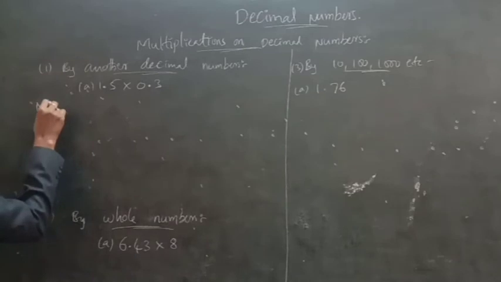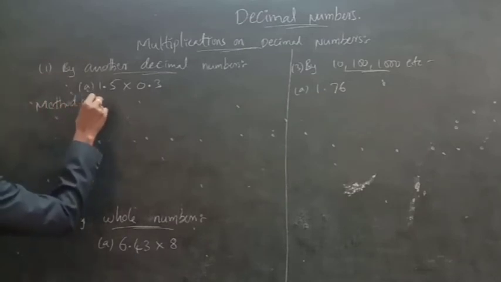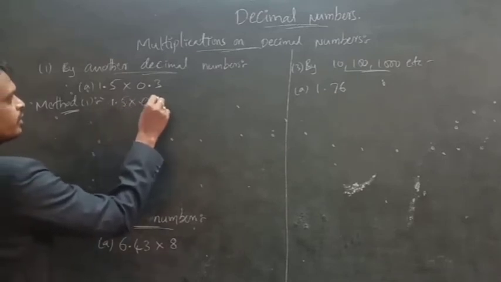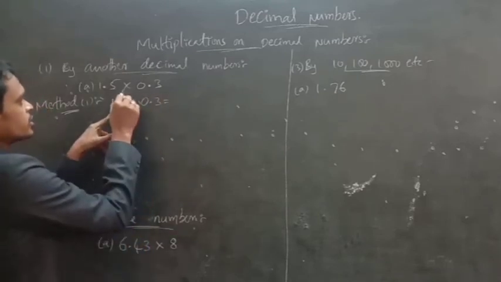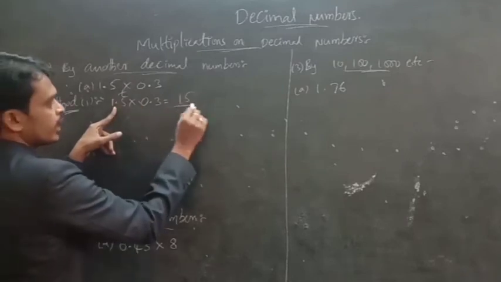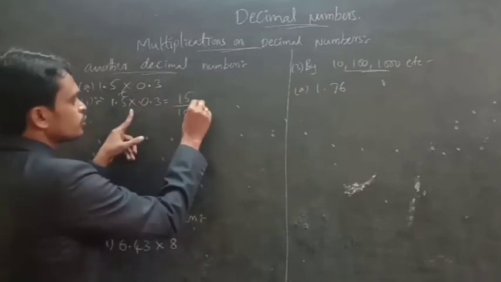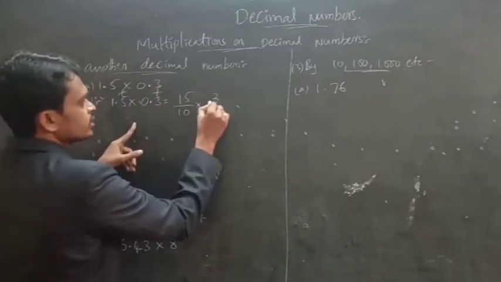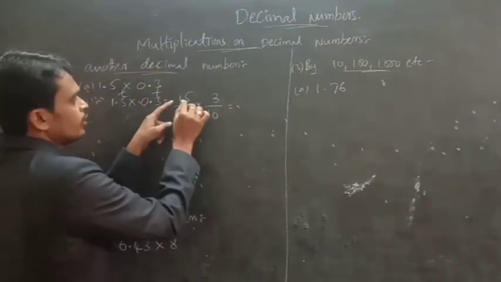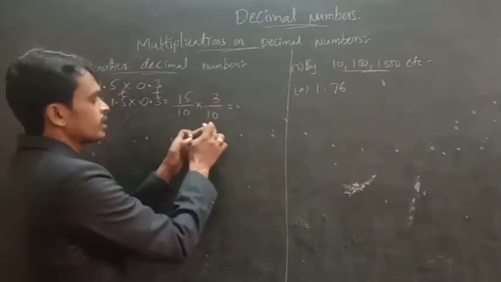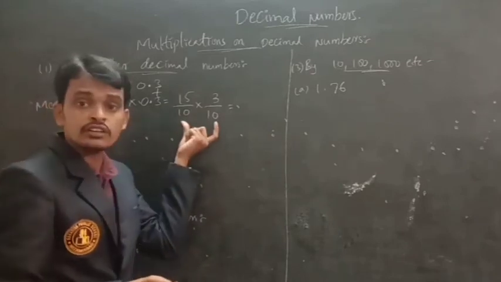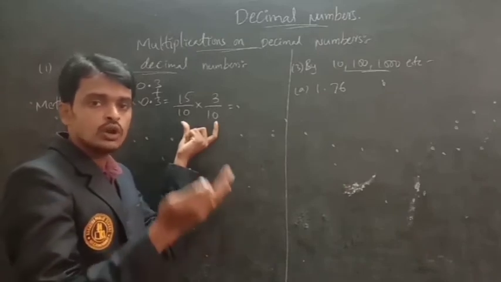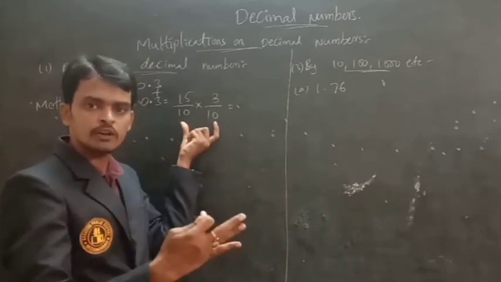So in method 1, 1.5 into 0.3 is equal to 15 by 10, since it is tenths, into 3 by 10. Then multiply the numerators and multiply the denominators, because these are the product of fractions. The formula is: the product of two fractions is the product of numerators by the product of denominators.